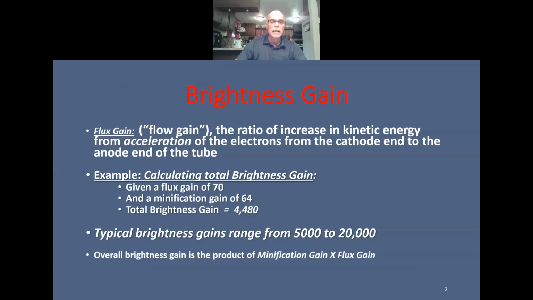And obviously, these two items, the light photons being emitted and the X-rays coming in, are being manipulated by that kinetic energy from those accelerating lenses. So it says the ratio of increase in kinetic energy from the acceleration of the electrons from the cathode end to the anode end is called flux gain.